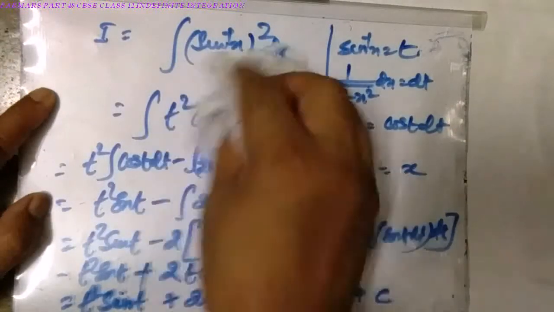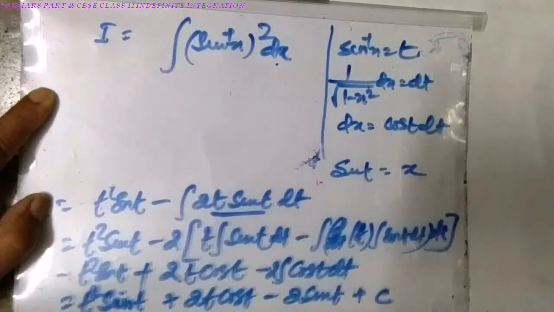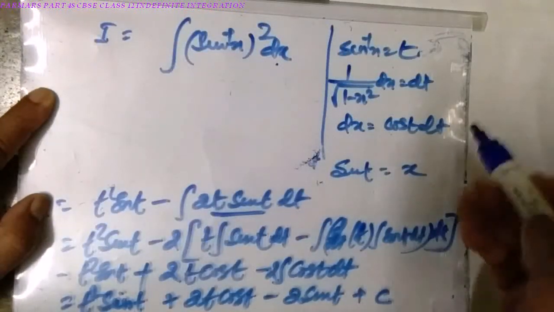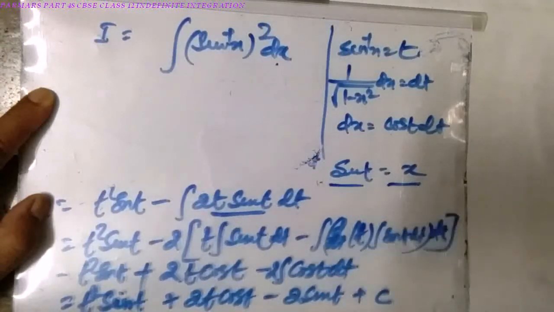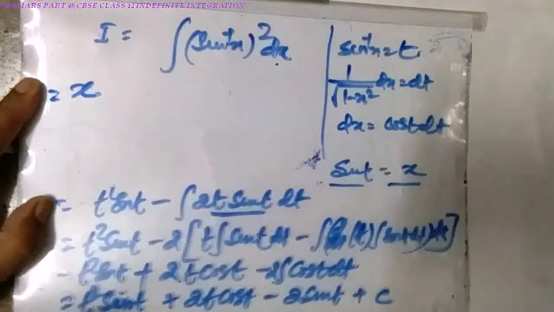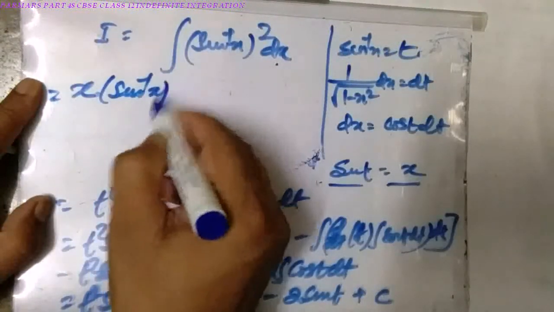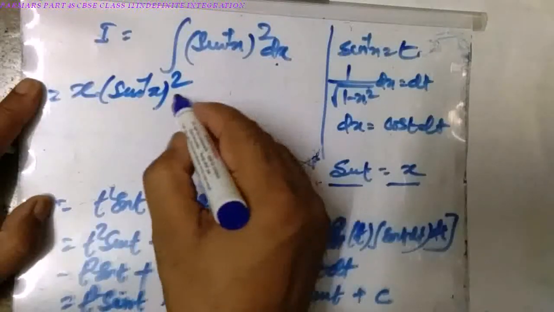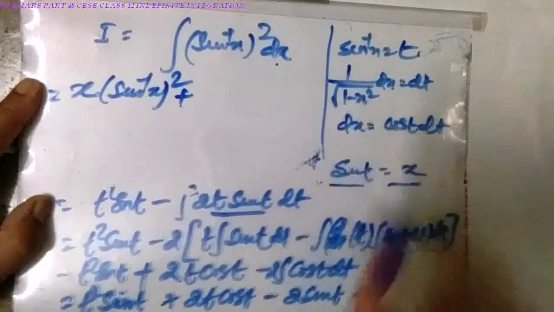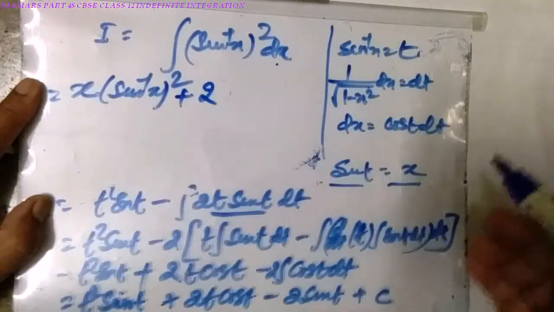So what we have to do: t square, what is sin t? Sin t is x. T square, t is sin inverse x, so sin inverse x whole square, plus 2t cos t, that is 2 times, what is cos t?